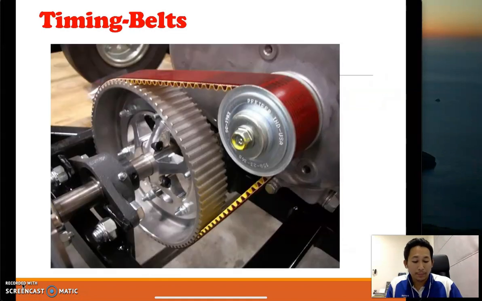Timing belts: we have a pulley, either driver or driven, where the pulley is like our gear. We have teeth, and timing belts also have teeth, and we also have a pitch from tooth to tooth. So we have a pitch for the timing belts also.